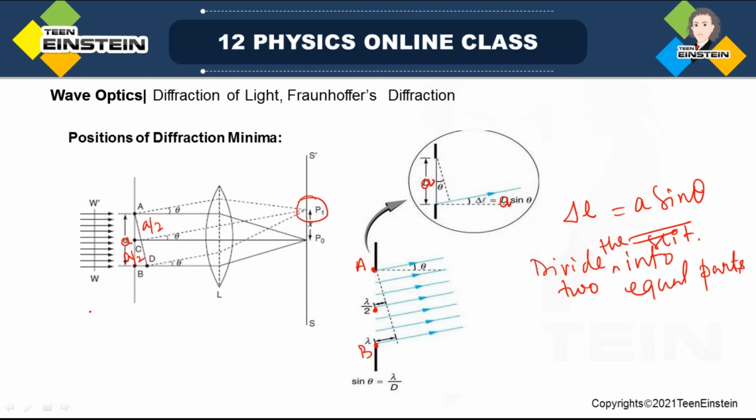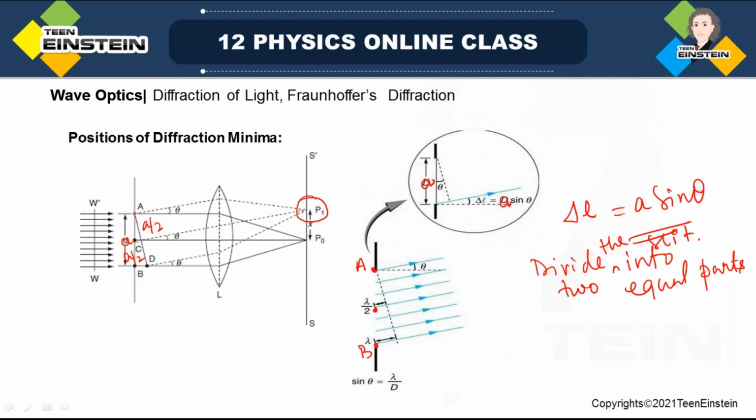There are two parts now. If light goes from this particular point to P1 and from C to P1, what will be the path difference here now?